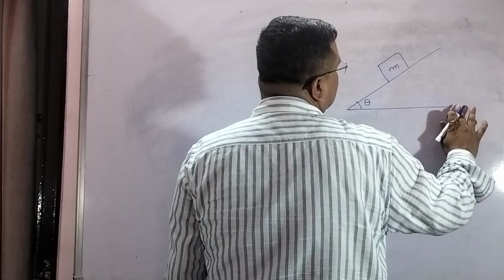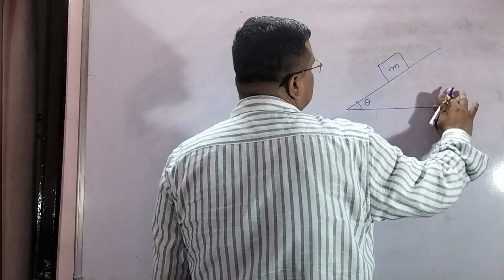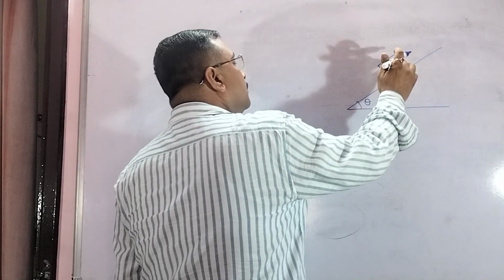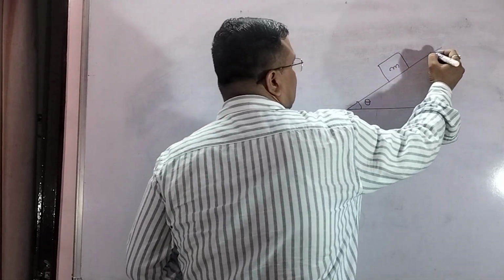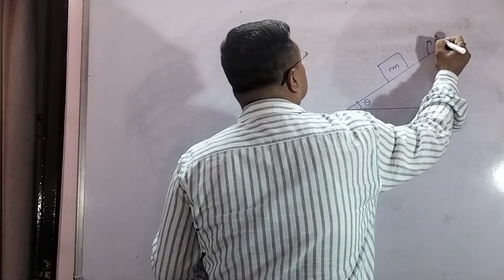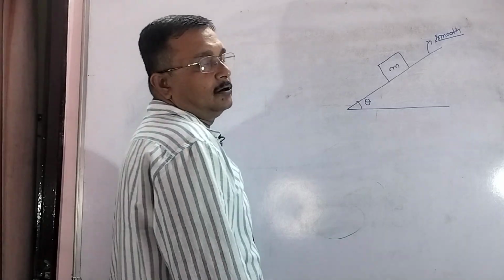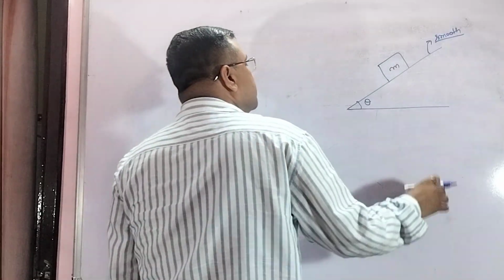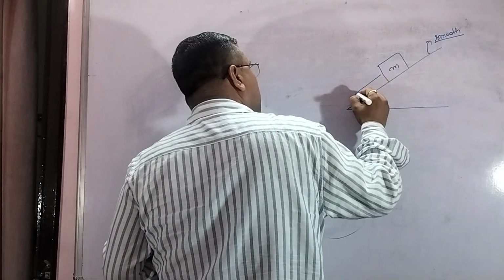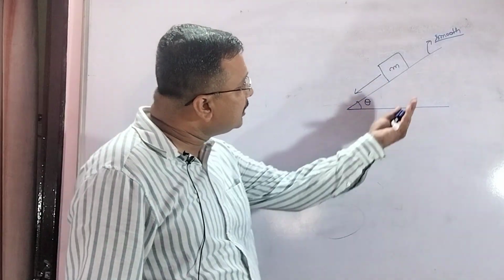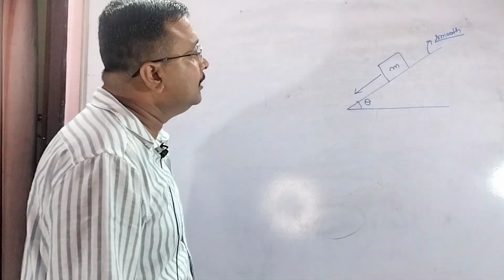As part of the system here, this surface will not move, and if this is a frictionless, smooth surface with no friction, this particle will come down this inclined plane easily.